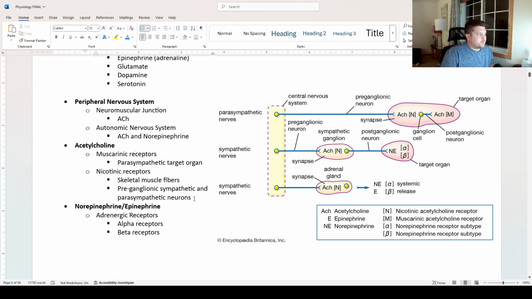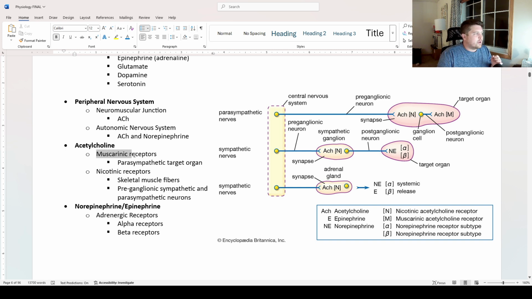Different types of receptors. These are the names that you'll see. Muscarinic receptors. What we want to know about the names of the receptors is what system they're associated with and also what neurotransmitter they're associated with.